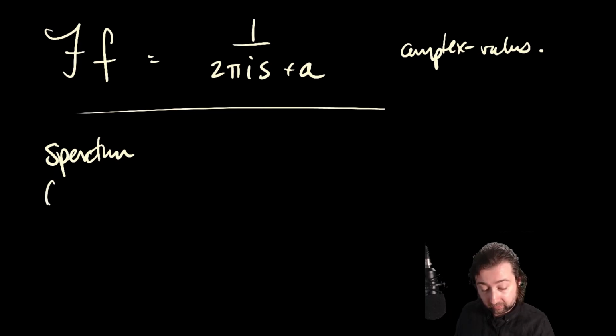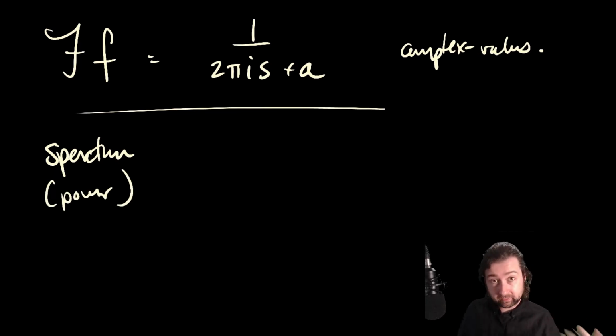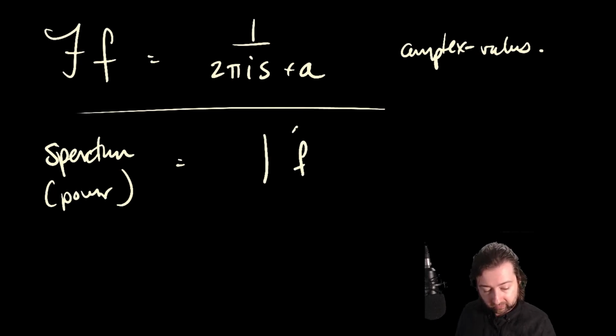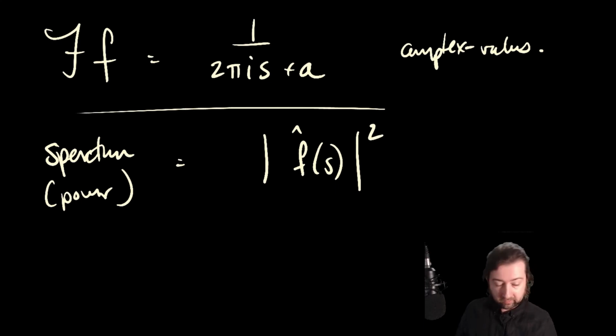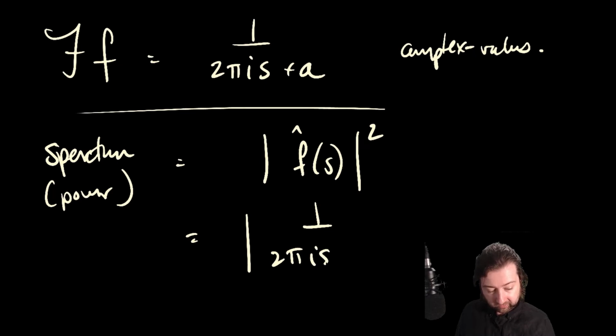And that's called the power spectrum because it represents how much energy is contained in the signal at different frequencies. That means we write down something like the absolute value of f hat of s squared, which in this case is the absolute value of 1 over 2 pi i s plus a, squared.